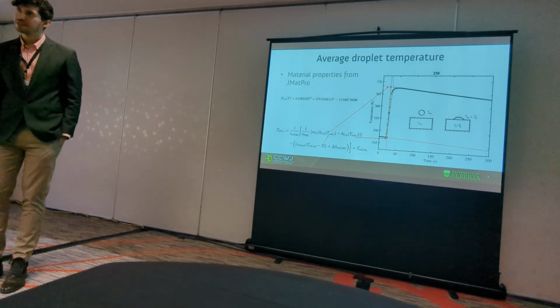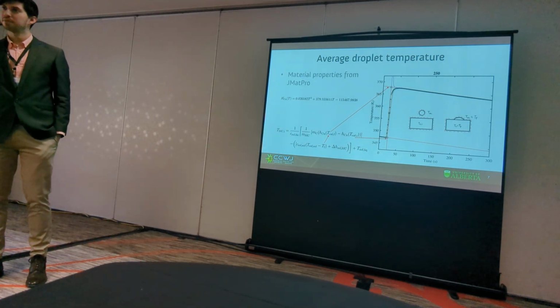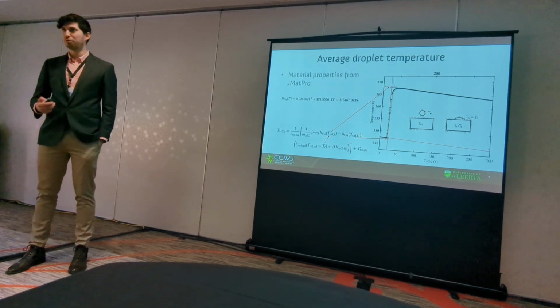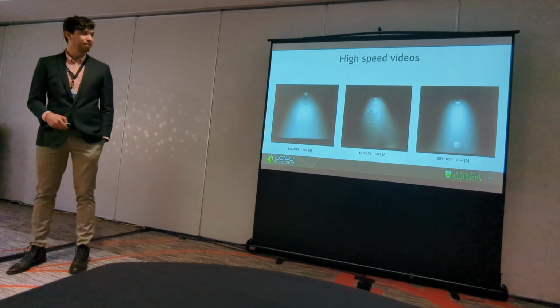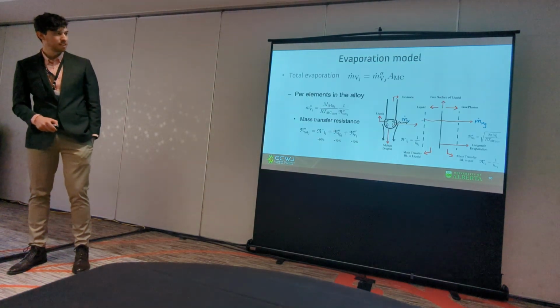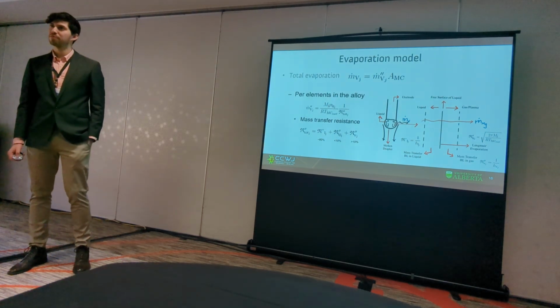So you are calculating the evaporation rates from the temperature map. Yes, one value that we do need is the droplet temperature. So yeah, we still need that value. As you can see, it's a bit of a long procedure. That's why I wanted to confirm that I understood.